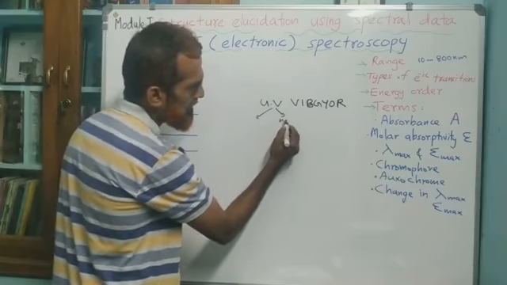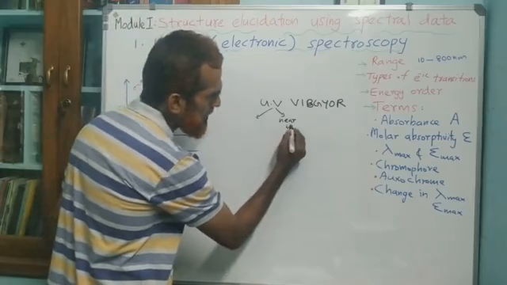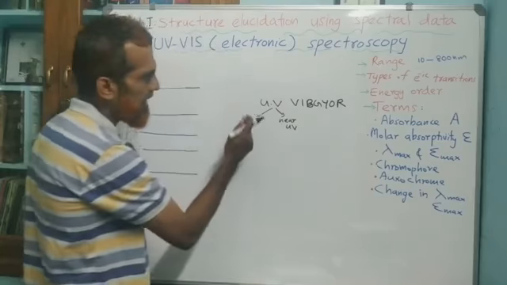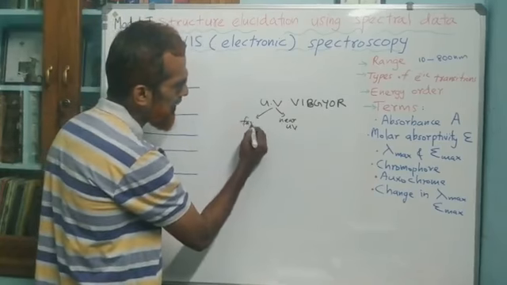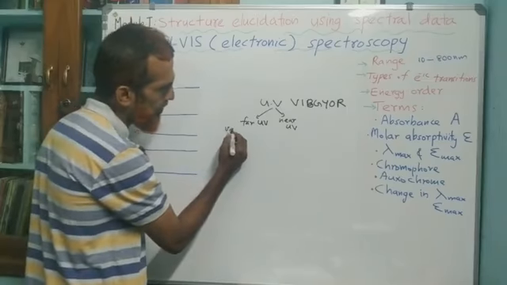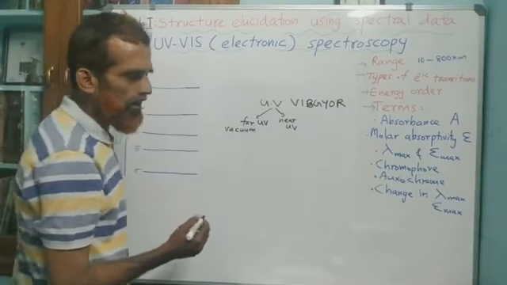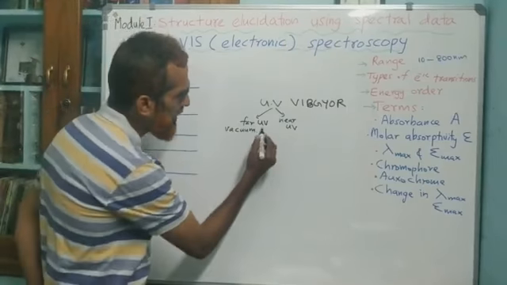One is near UV, which is close to violet, and this is called far UV, or it is also known as vacuum UV for some reason. Now what about the values, the wavelength?